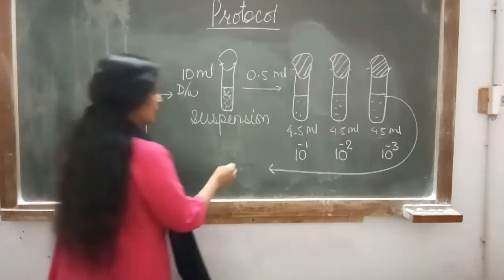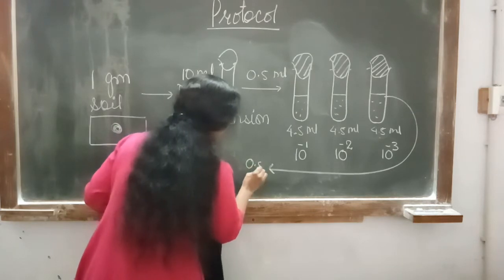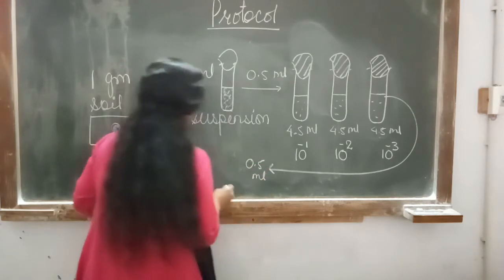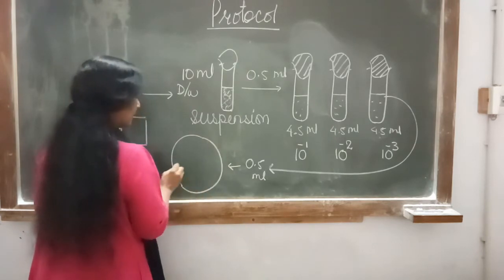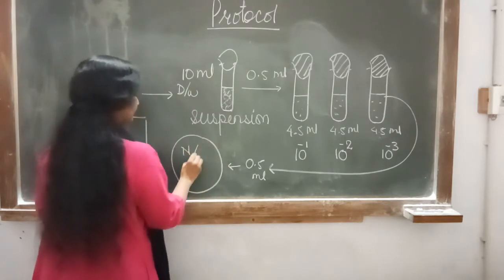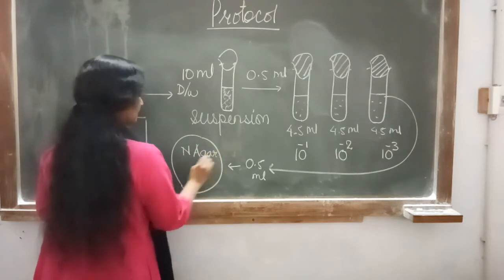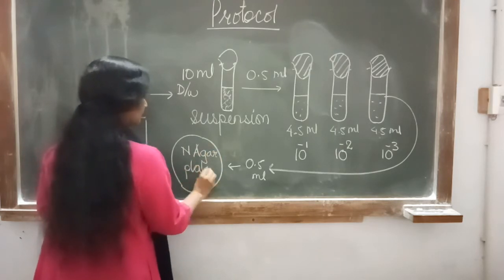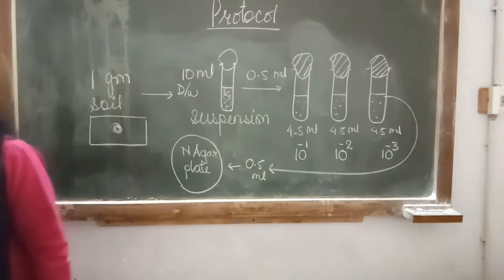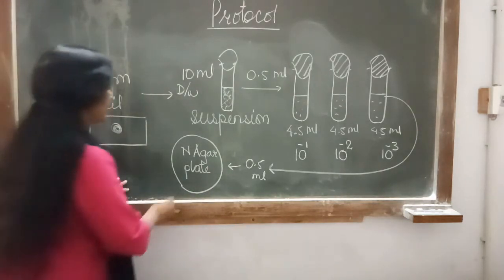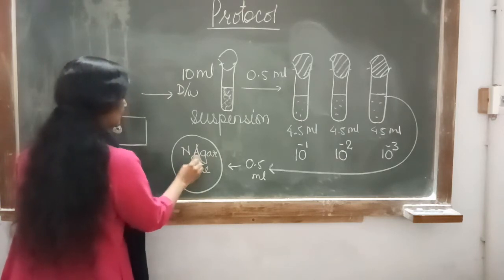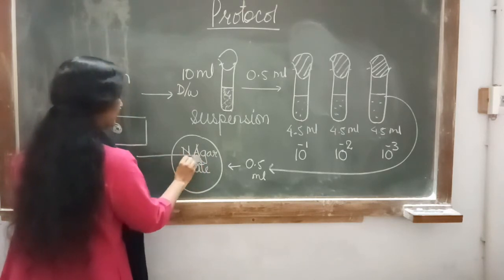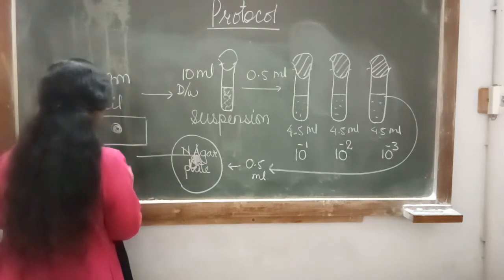From the last dilution tube we will take 0.5 ml of the culture and it will be overlaid on our nutrient agar plate, and it is spread with the help of spreader. So in the center we put the drop and with the help of the spreader we will try to spread it out. Spreading is done.